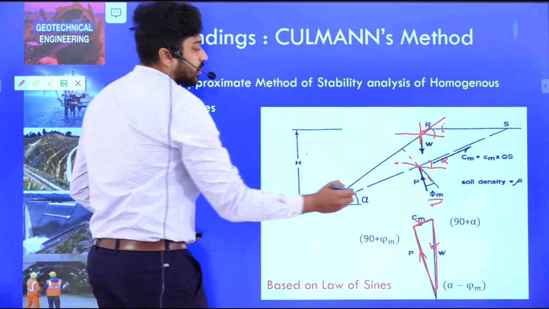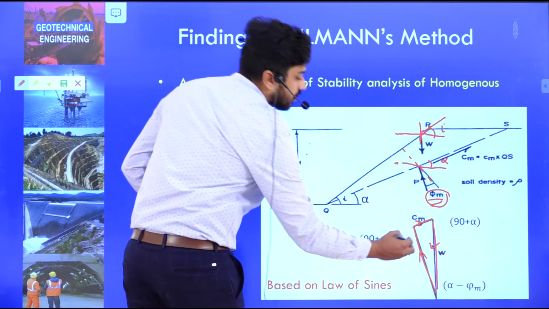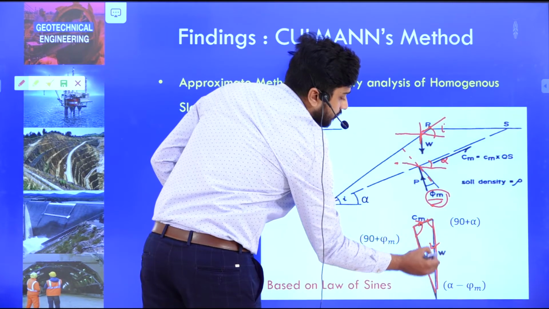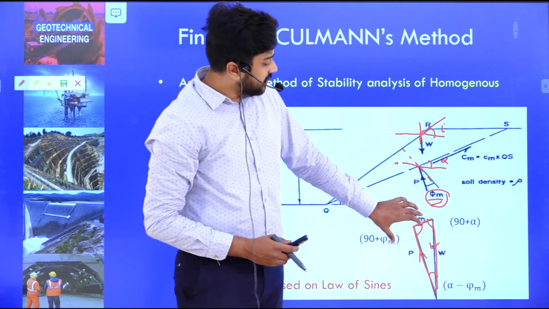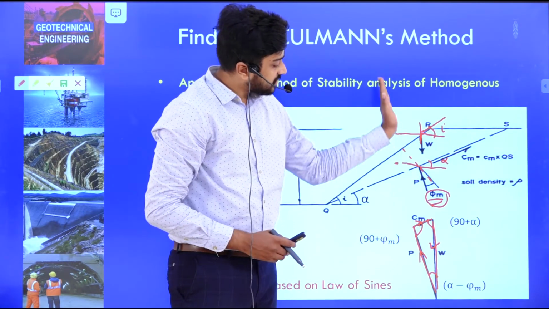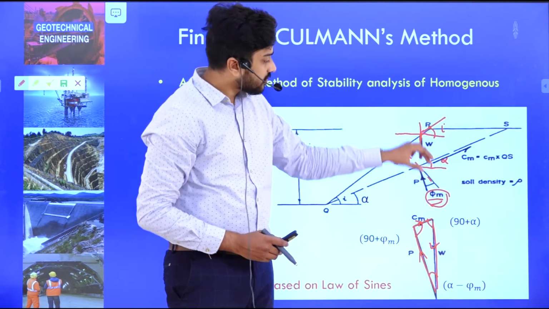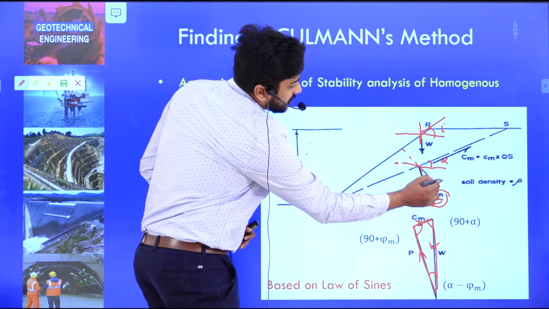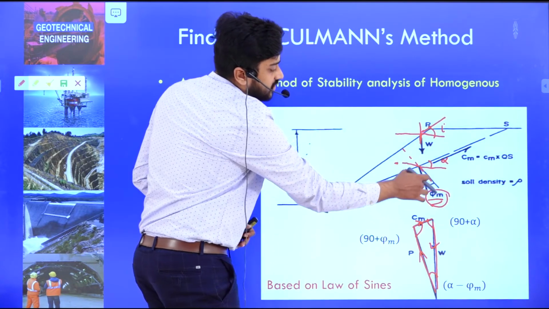So by considering this as phi m, let us try to obtain these angles for the triangle considered. The angle between C, that is along the failure plane, and this resultant will be 90 degrees plus phi m, since this angle is 90 degrees between this one and the normal plane.